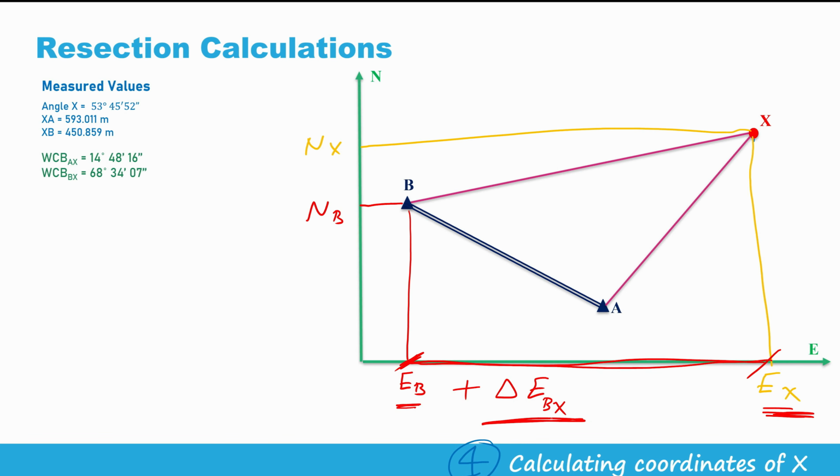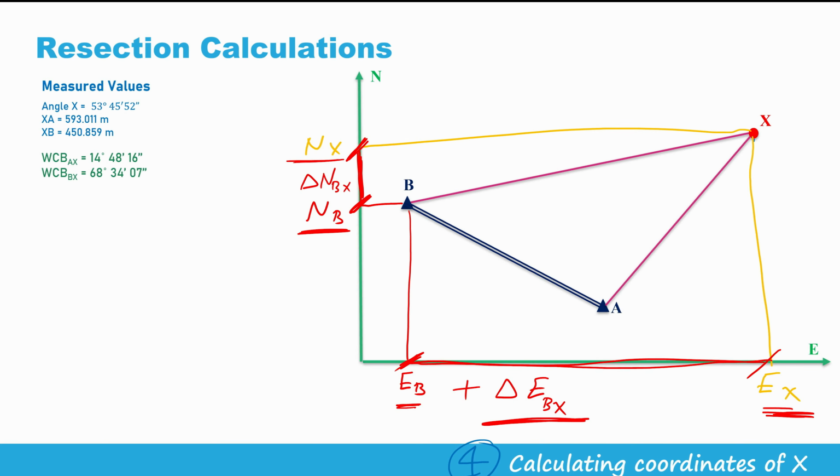This is called delta E BX. And northing of X would be northing of B plus this distance from here to here, which is delta N between B and X. By doing that, we can calculate the coordinates of X twice, from station A and from station B, and then the final coordinates of X would be the average values, as you will see now.